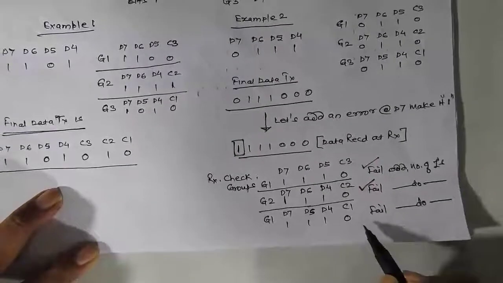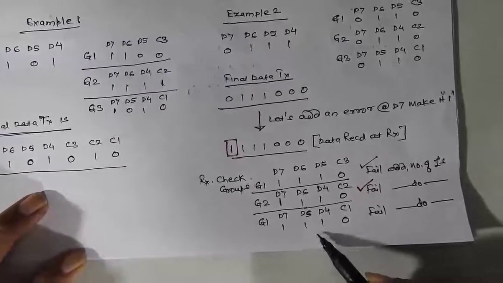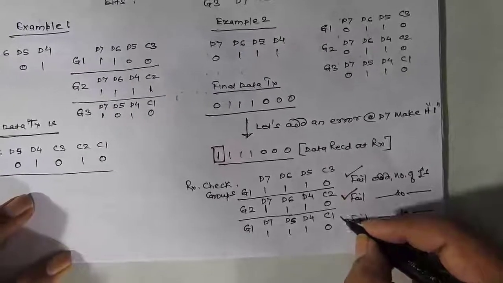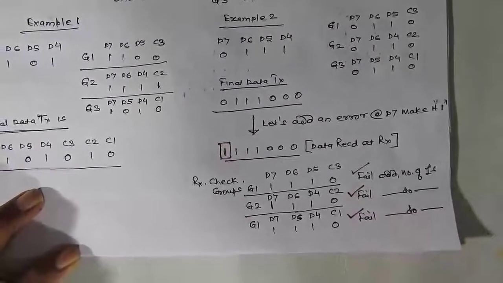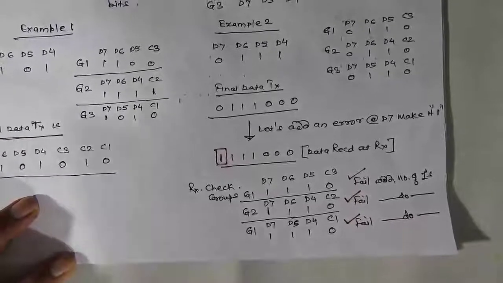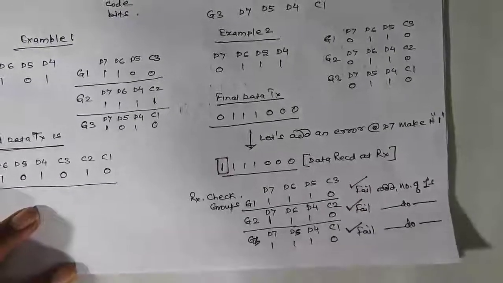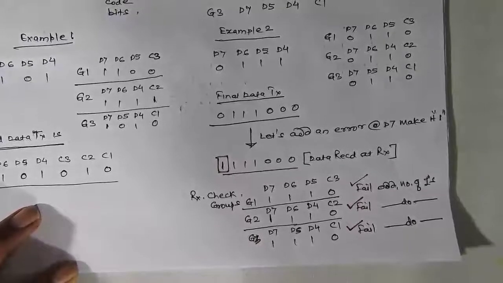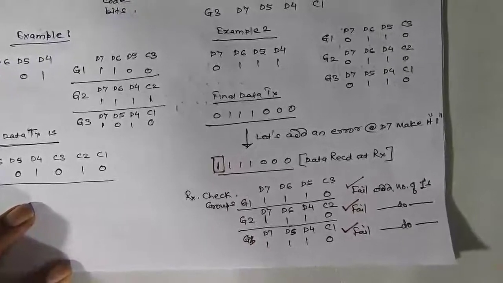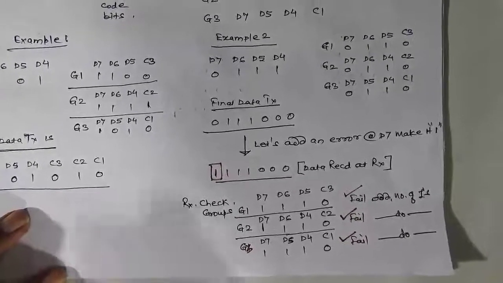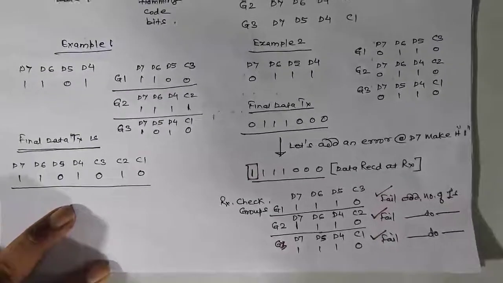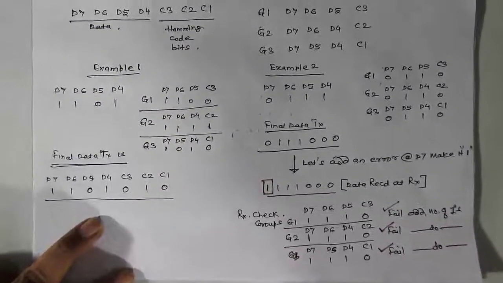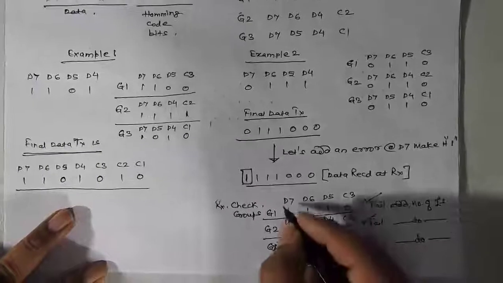The total number of ones received at the receiver is odd. So this also fails, because in neither G1, nor G2, nor G3 did we receive an even number of ones.